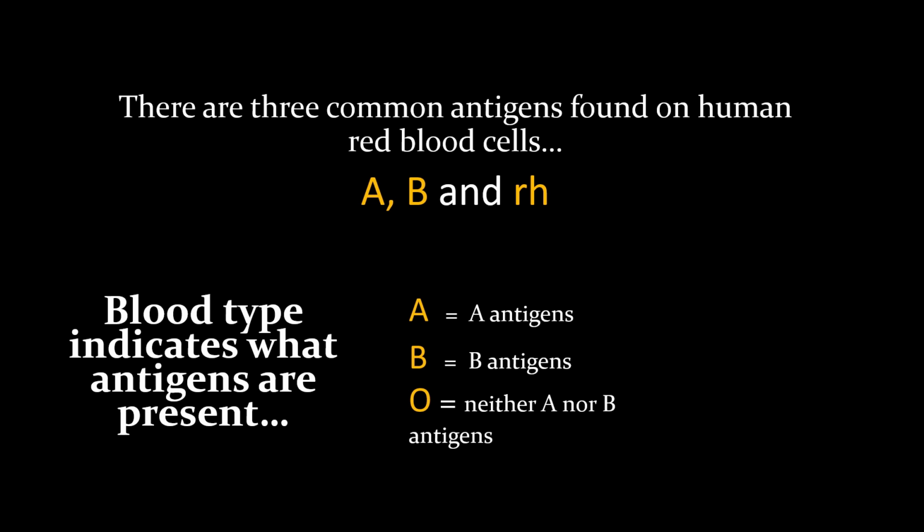O is the absence of an antigen. We know we can have A negative, B negative, B positive. What does the negative and positive mean in regards to antigens? So positive means you have Rh antigens. Negative equals you do not have Rh antigens.